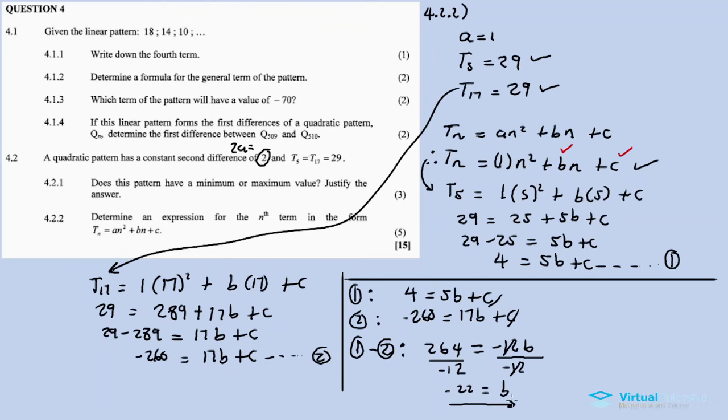So this is the value for b, and then we substitute into either equation 2 or equation 1 so that I can find the value of c. Let's use equation 1. With equation 1, I substitute b. 4 equals 5 times negative 22 plus c.